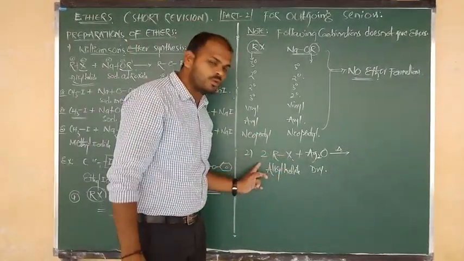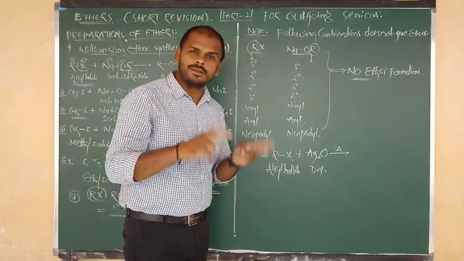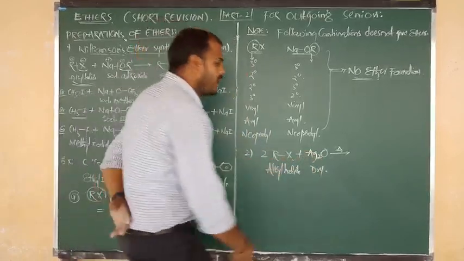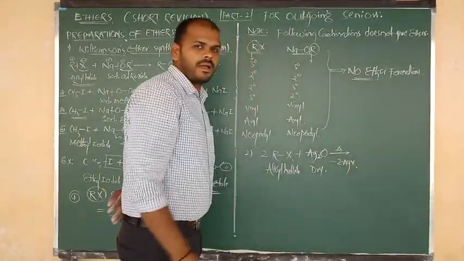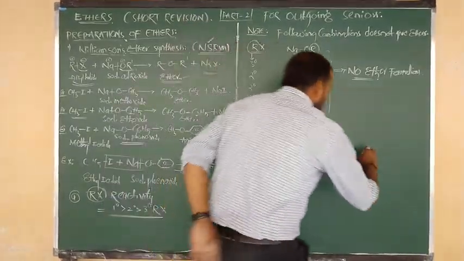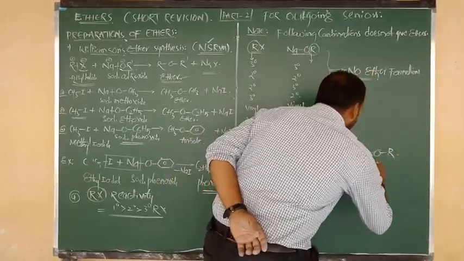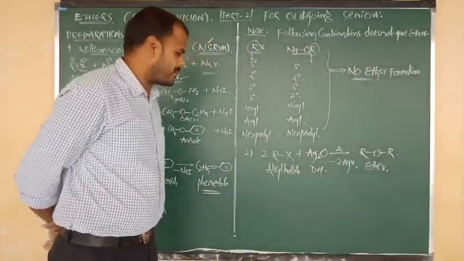Here how many X groups are there? 2 X groups are there. How many silver atoms are there? 2 moles of Ag combine with the halogen and are removed in the form of 2 moles of AgX, and remaining are the 2 alkyl groups and 1 oxygen. So we write it in the form ROR. That means the product we are getting is ether.